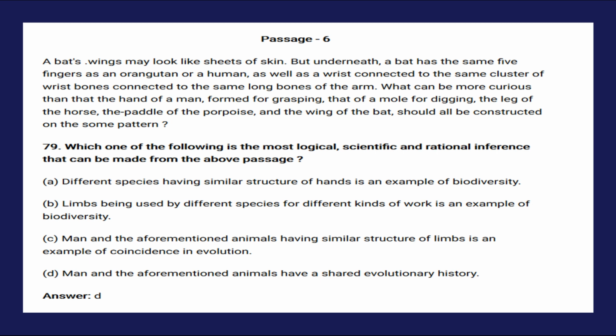Option C. Man and the aforementioned animals having similar structure of limbs is an example of coincidence in evolution. Option D. Man and the aforementioned animals have a shared evolutionary history.